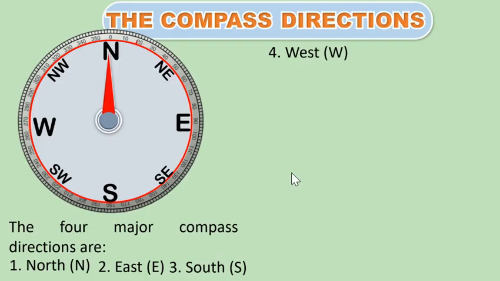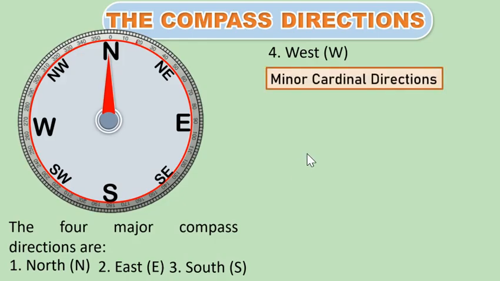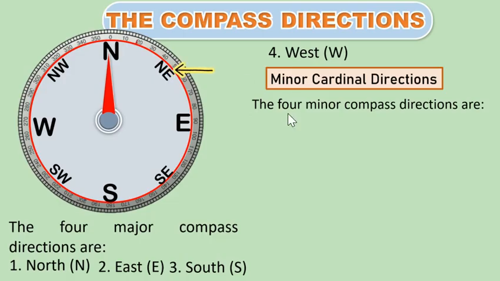Minor compass directions. There are also 4 minors. The 4 minor compass directions are, number 1, the arrow pointing northeast. Northeast is halfway between north and east.